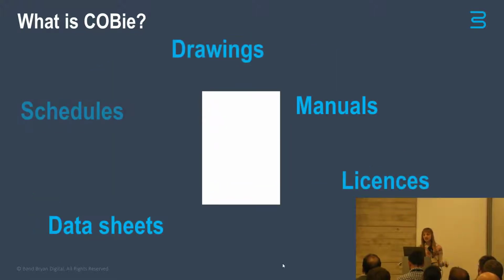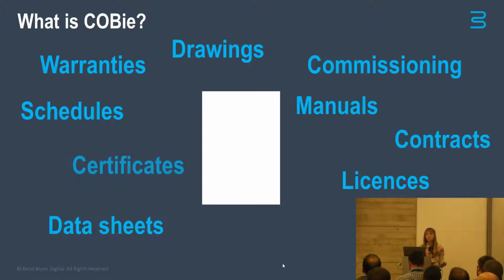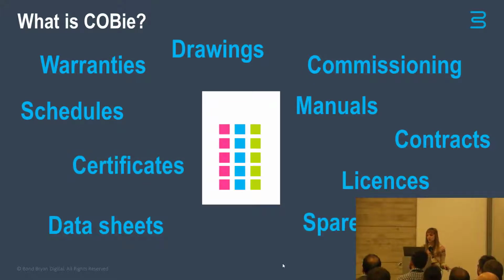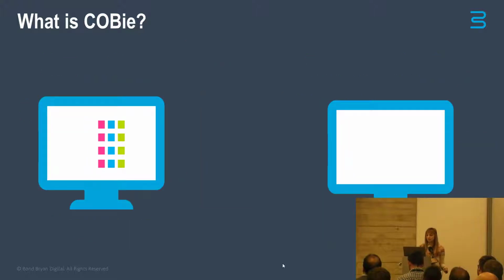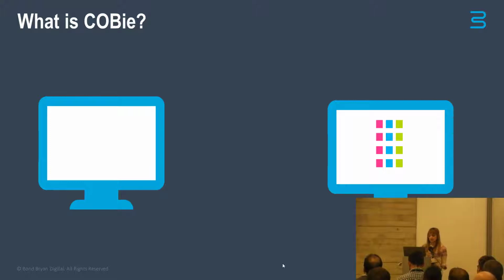It takes the design and construction information from many different sources on a project, digitises it and structures it in a way that it can be exchanged between contractor and owner for the in-use phase. And as it's based on a consistent specification, it means it can be checked.